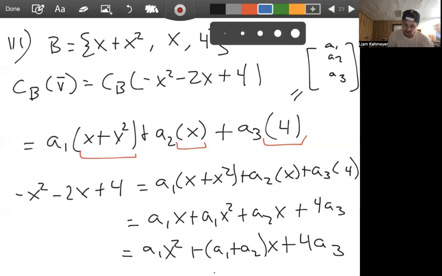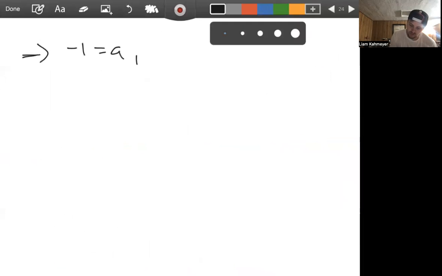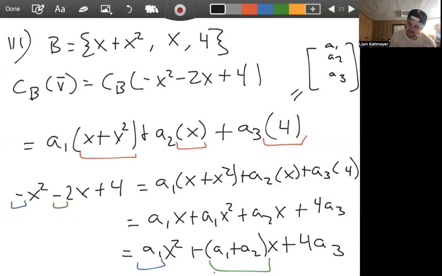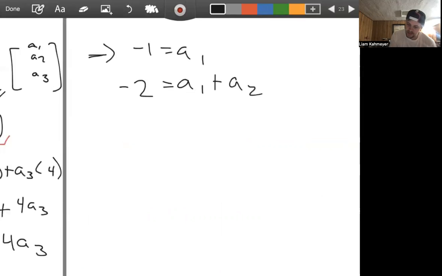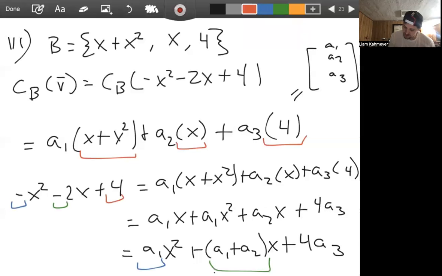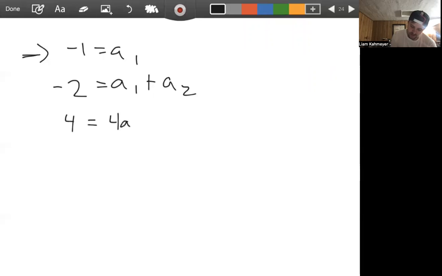We equate coefficients. So we have -1 is equal to a1. For the second piece, we have -2 is equal to a1 plus a2. And then for the third, we have that 4 is equal to 4a3.